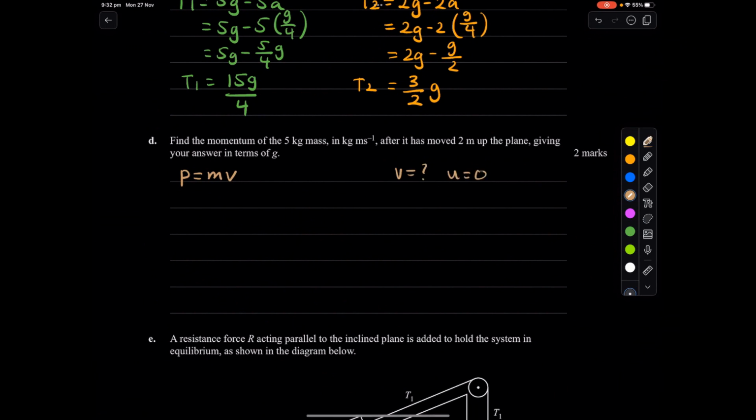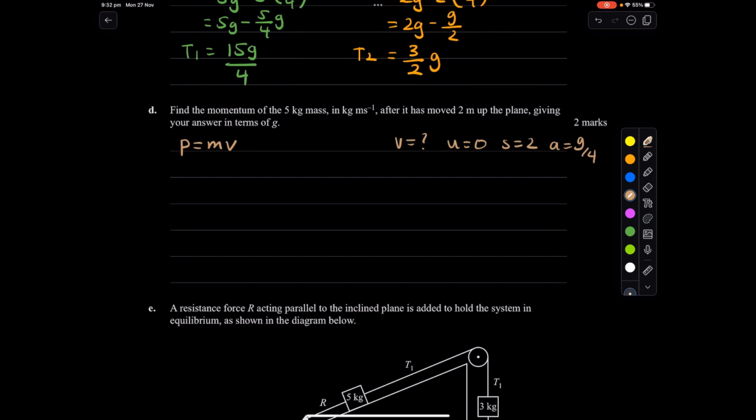U is 0, s is 2, acceleration is g over 4. What formula are you using from your SUVAT? We're going to use v squared equals u squared plus 2as. Is that right? Okay, that's great. And we want to calculate v.